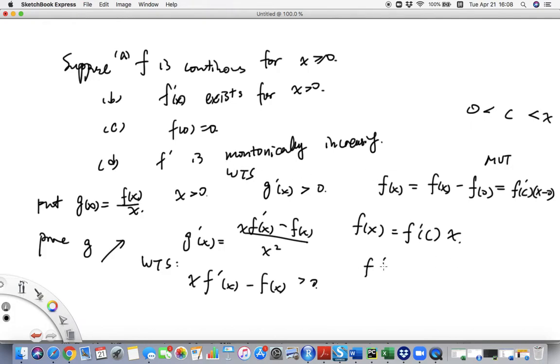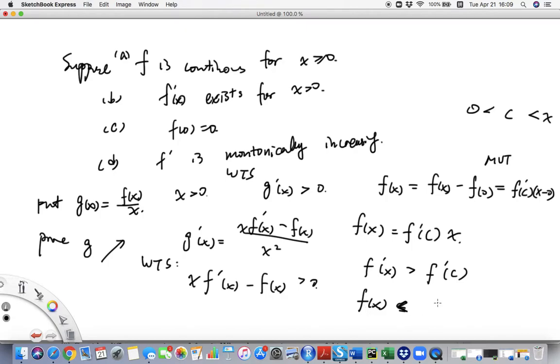So we have F prime of X is greater than F prime of C, right? So F of X is less than or equal to, or in fact is strictly less than, because it's monotone increasing.